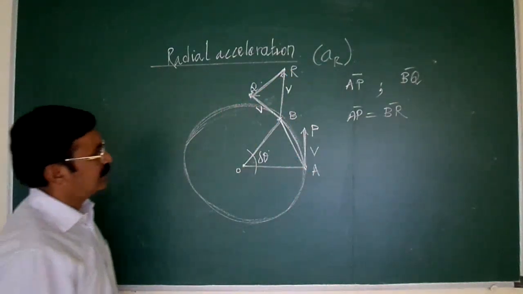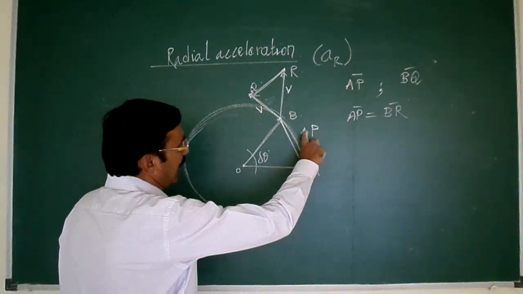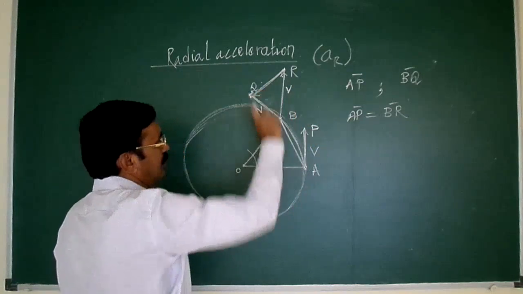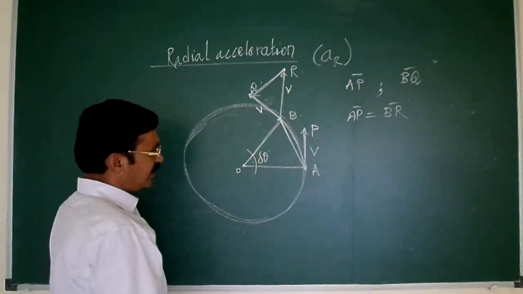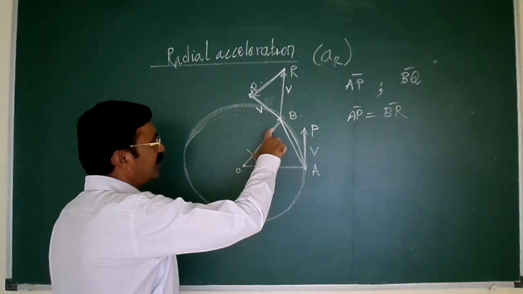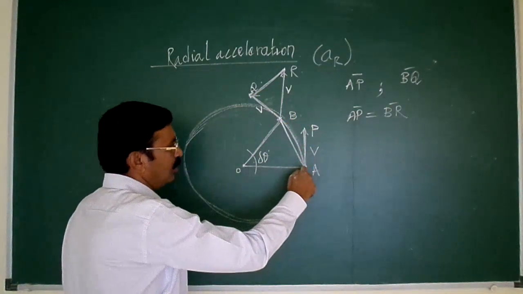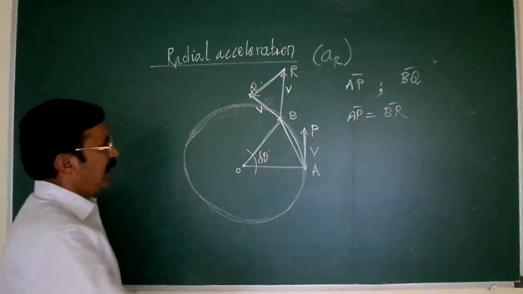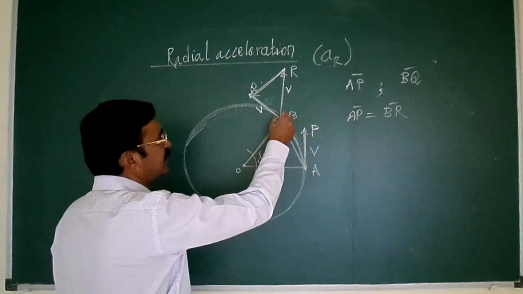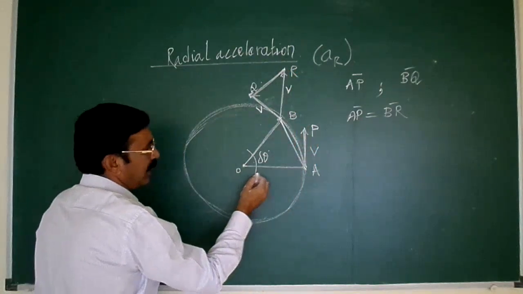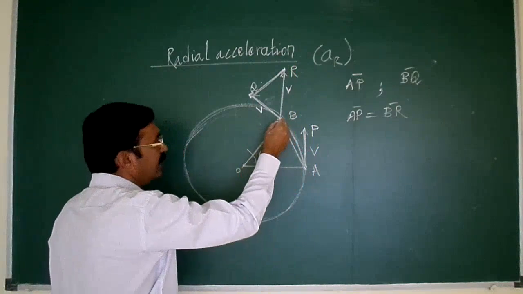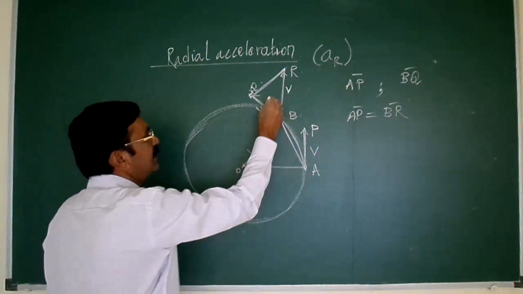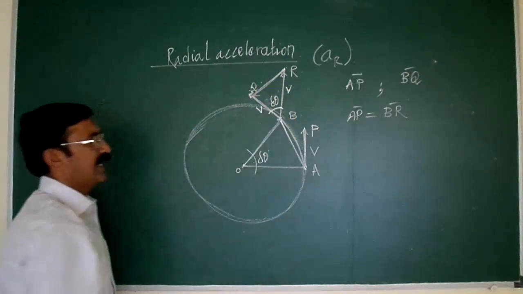Now what we know is that the angle between the two tangents is always equal to the angle between the two radii drawn to the points from where the tangents originate. And as we know, AP vector is equal to BR vector, so the angles AOB and RBQ, these two angles are equal angles.